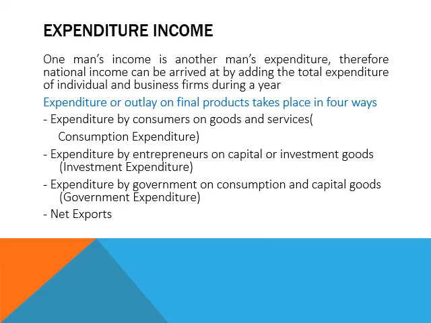This rule is very interesting: one man's income is another man's expenditure, or another man's expenditure is one man's income.